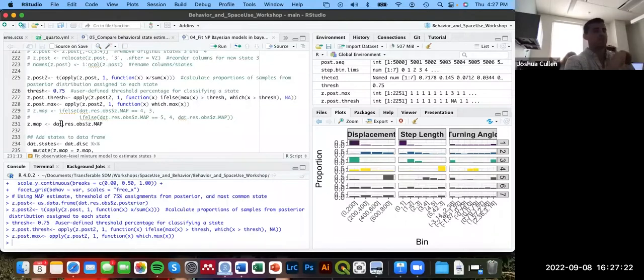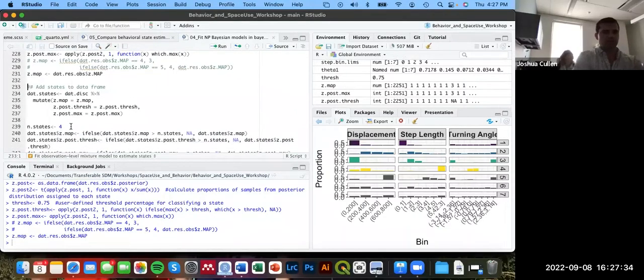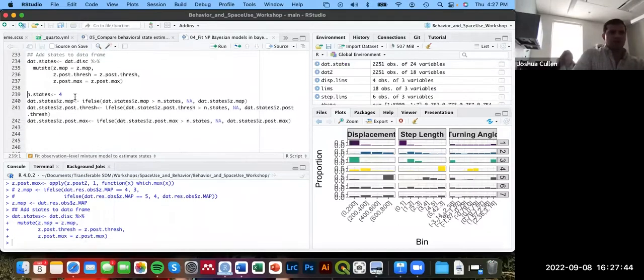And that's defined in this z.map object from the fitted model. So that's also another possible way to inspect or investigate the estimated behavioral state. So with that, I'm going to now add these 3 different ways to assign the behavioral state to these observations. And I'm now going to add these back in, and we're going to visualize these results.